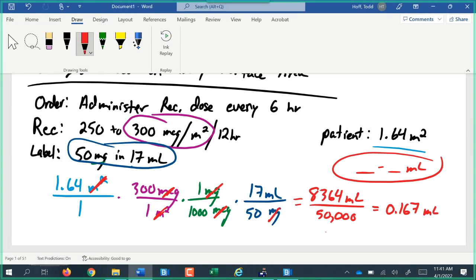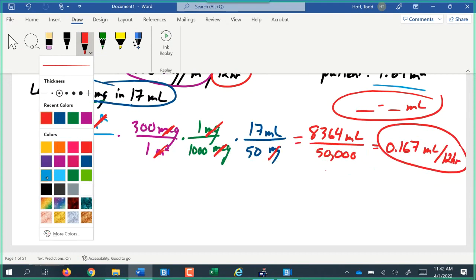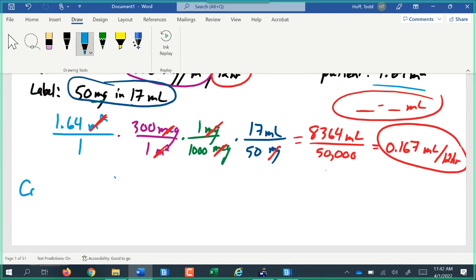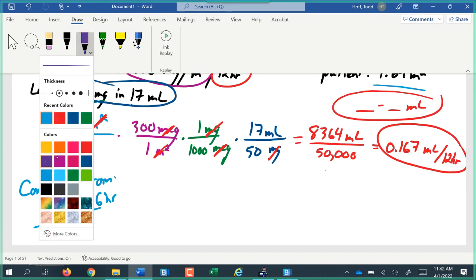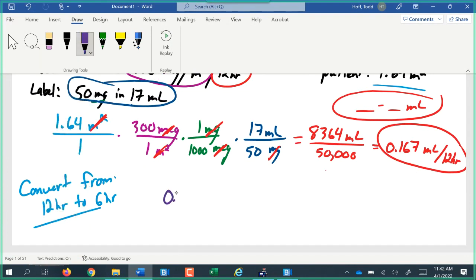That is milliliters. Now, this is where we have to go back and make sure we take our time frame into consideration. This is per 12 hours. The doctor's order was to administer the medication every 6 hours. So we have to do that titration to convert from every 12 hours to every 6 hours. So we start off with our value here, 0.167 milliliters.